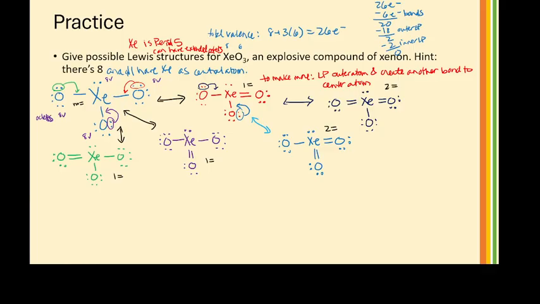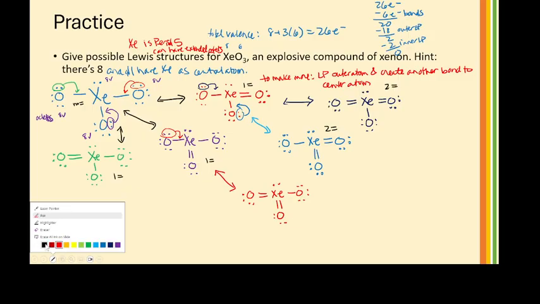If I took this and made it here, I would end up with a double bond between the left atom and the center atom, and a double bond between the bottom atom. So this is my third with 2 double bonds.